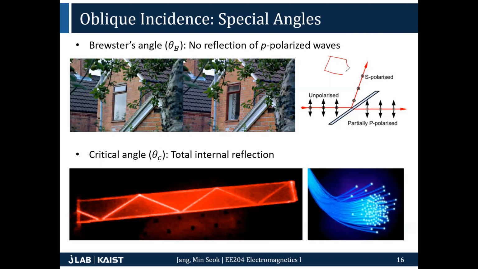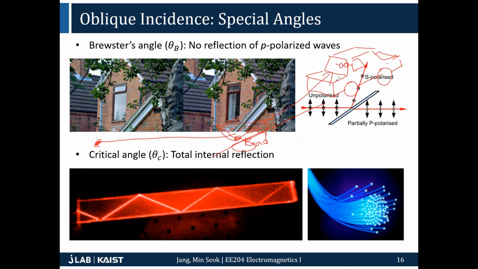So here's one pop quiz. You have a car. So you're driving a car, and you are wearing sunglasses. And sometimes you see light reflected off from the road, or sometimes there is a small water pond due to the rain, and a severe reflection happens, which basically constrains your eyesight.